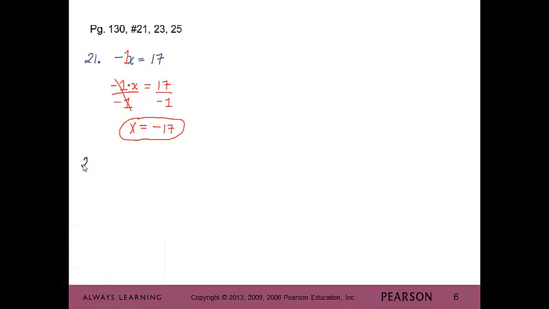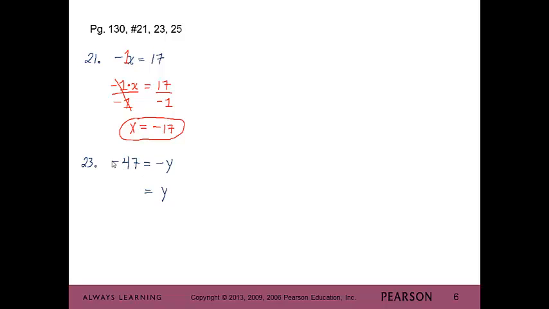All right, number 23. So now we have -47 equals -y. And remember, we're solving for y, which means we want it to say y equals something. So since it's just a negative sign, it's just going to be the opposite.